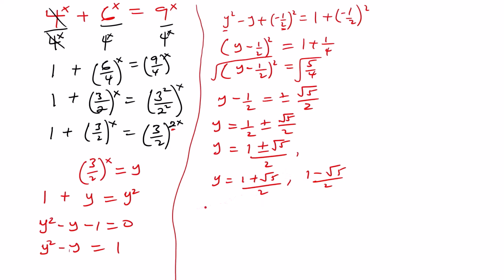Now let's focus on this: 3 on 2 raised to x equals y. Now let's solve for x here by taking log on both sides. Let's take the natural log on both sides.